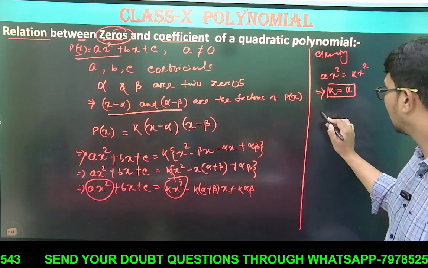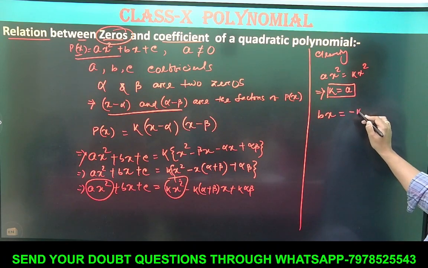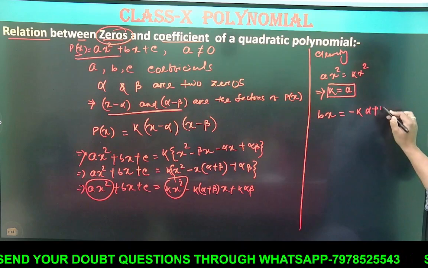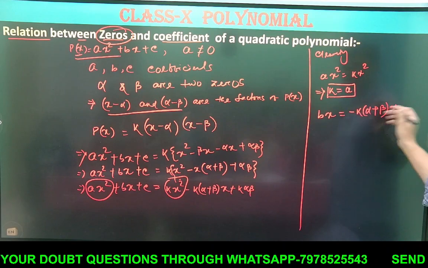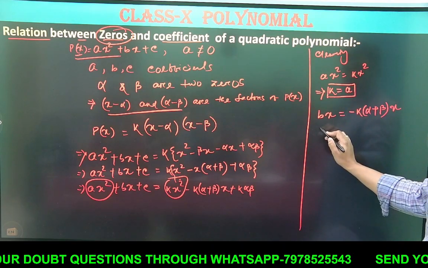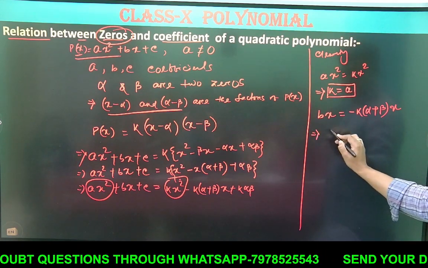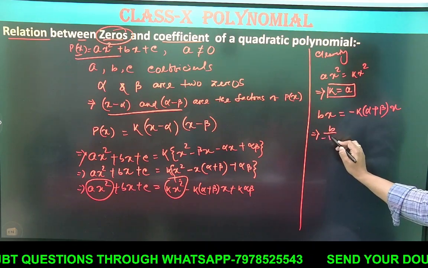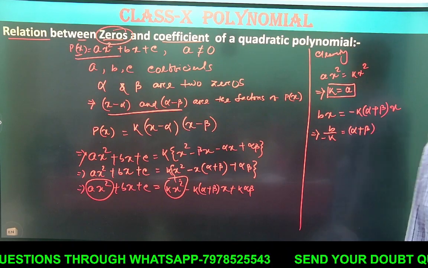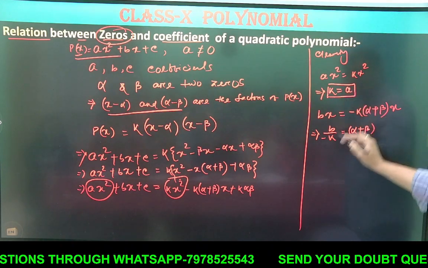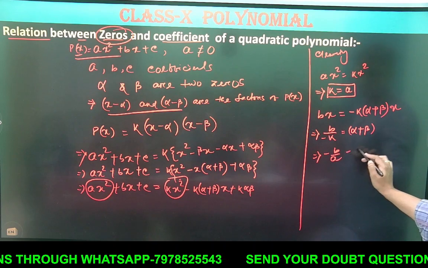From the second, bx equals minus k into alpha plus beta into x, so x cancels on both sides. Hence, is it possible to write b by minus k equals alpha plus beta? But what is the k value? So minus b by a equals alpha plus beta.